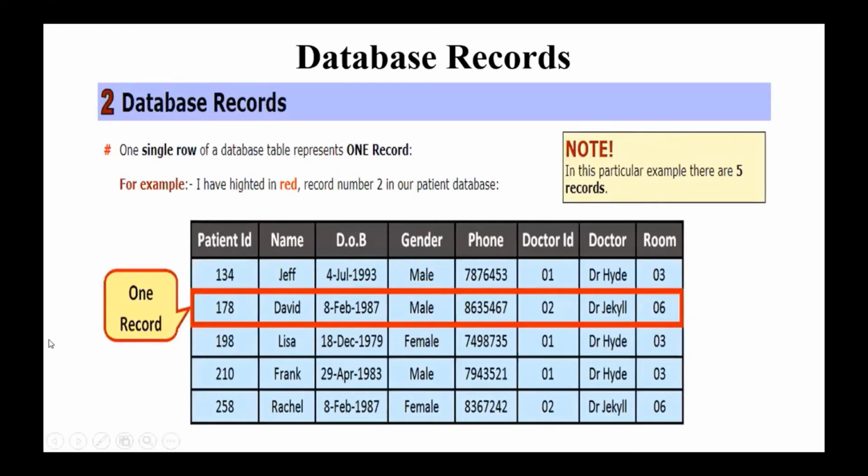Because for that patient you come to know all the information: what is the patient ID, what is the name of the patient, what is the date of birth, what is the gender. This way I have highlighted in red color one record. In total there are 5 records.